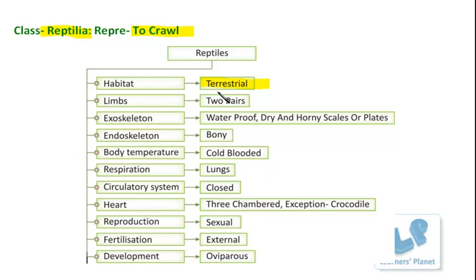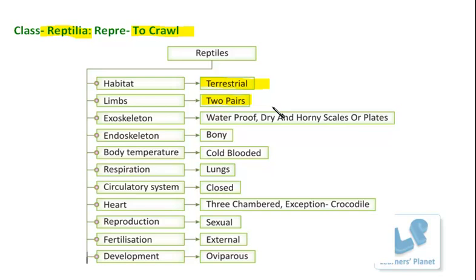Besides this, these organisms, again, are tetrapods, so they have two pairs of limbs, right? And these limbs are basically modified for the purpose of crawling. In the earlier group, you remember the group Amphibia, how were these limbs modified?